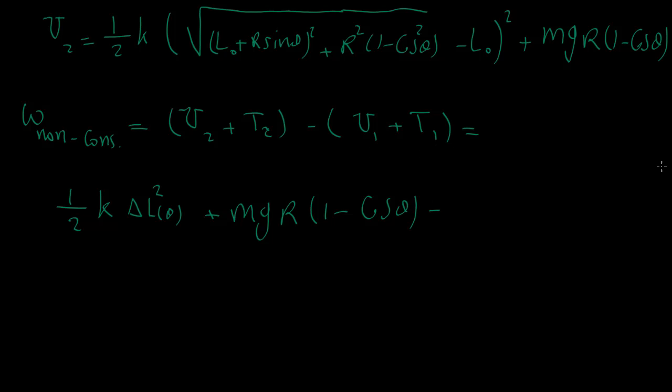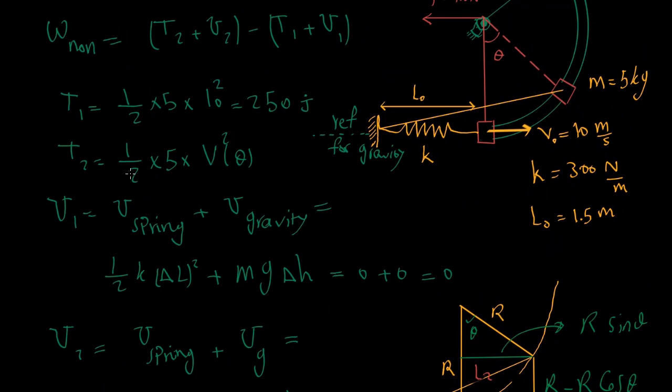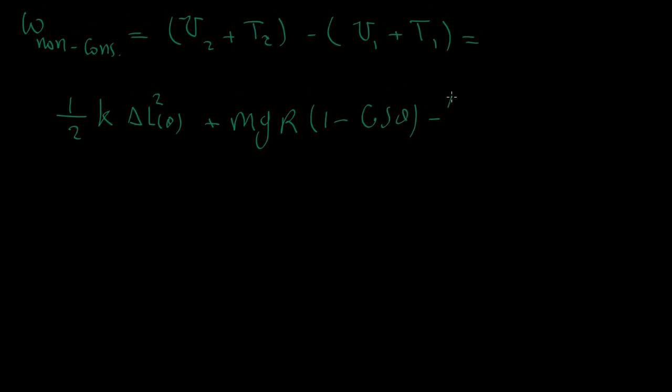So we had T1, I think, 1 over 2 times 5 times 100, which was 250. So minus 250. U1 was 0, plus 200 or 50.